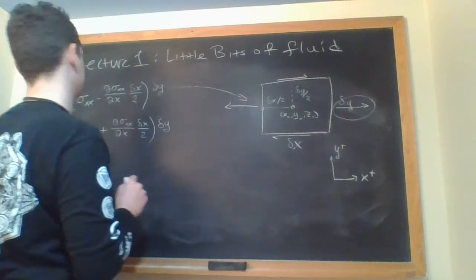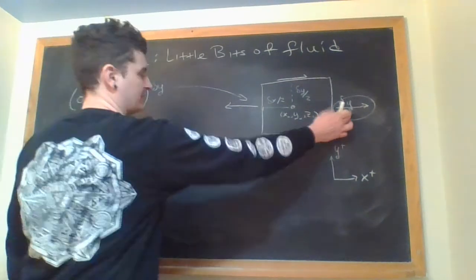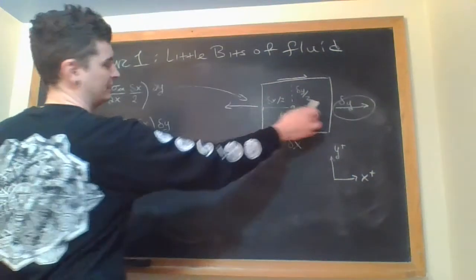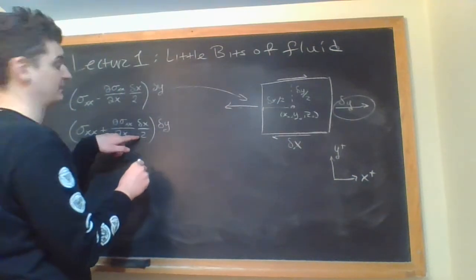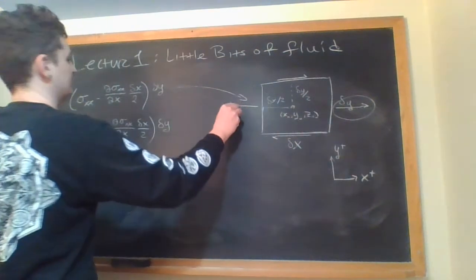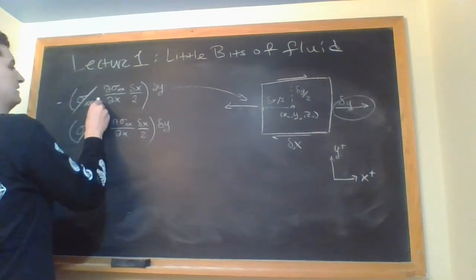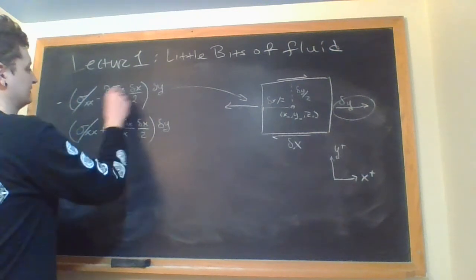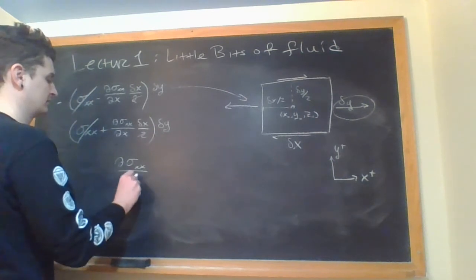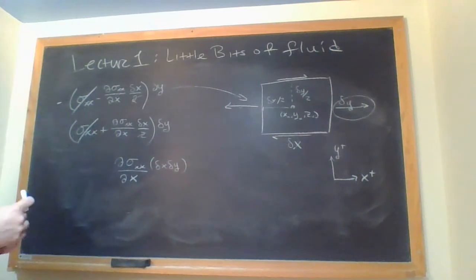The summation in the x direction of these compressive forces would be this approximation term, which is at a point, go a little forward by delta x divided by 2, look at the derivative of this function, and then add this one, but it's in the wrong way. I'm minusing the minus, so that becomes a positive, so these terms cancel out, and you just get this term left over.